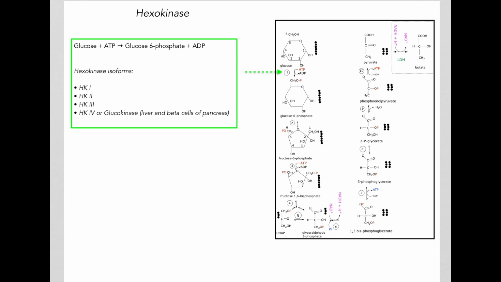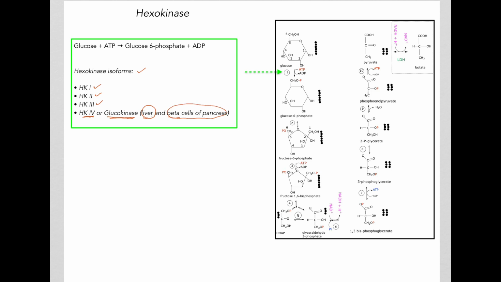Once again, this enzyme can be found in many different isoforms. There's hexokinase 1, hexokinase 2, hexokinase 3, and then we have this very important hexokinase 4, also called glucokinase, which is found in the liver cells as well as the beta cells of the pancreas.